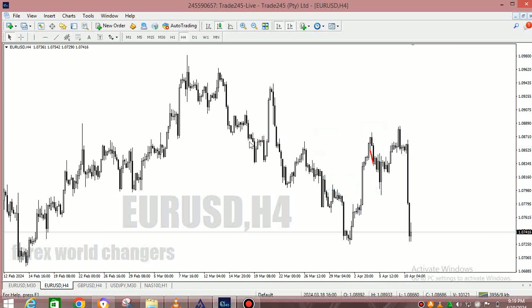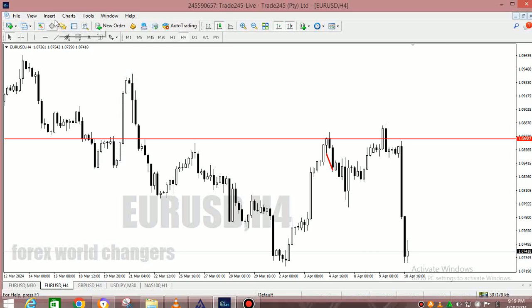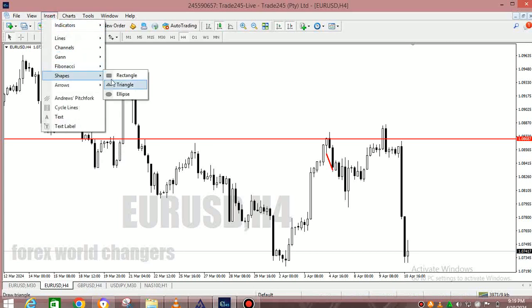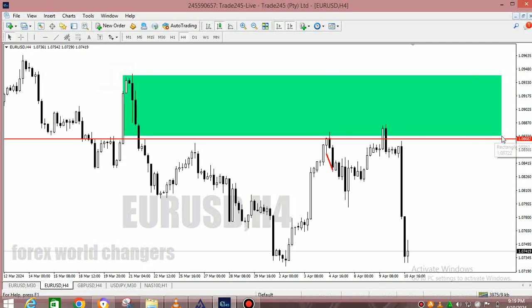So this was the Quasimodo that we had. We had the shoulder, then we had the head here, but this Quasimodo wasn't very good. From here, you see there is the shoulder and then there is the head, so you highlight the entire level. This zone was just a sell zone, a very nice sell, so that's why it decided to drop.